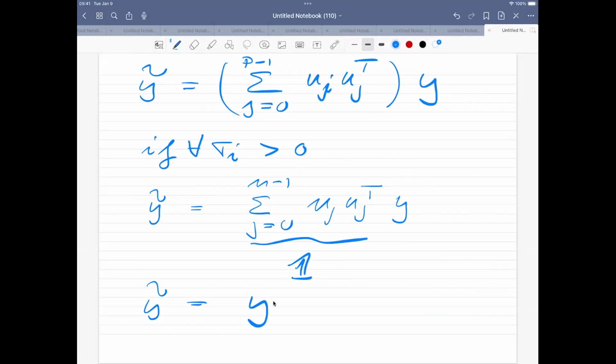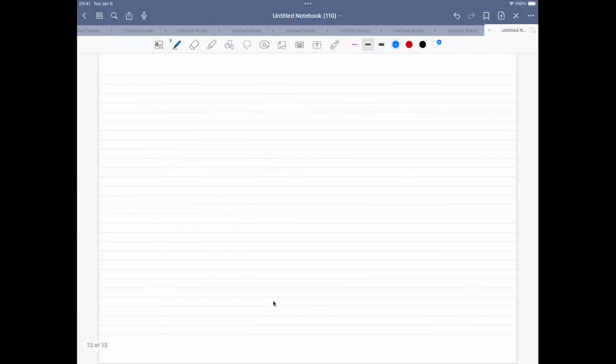Now, the question is, why? Why is this interesting? So what we're going to introduce now is the next method, which we're also going to program.